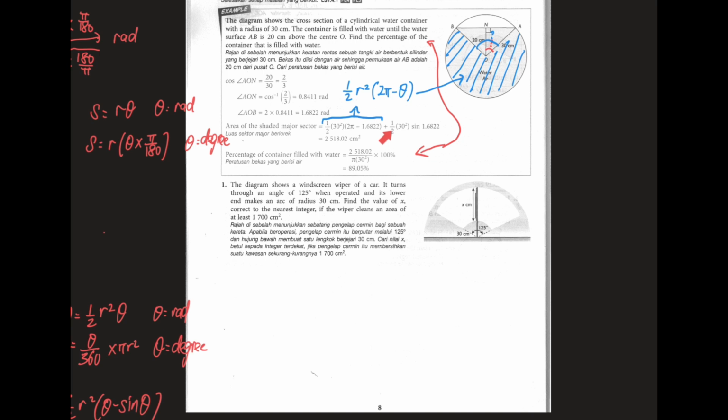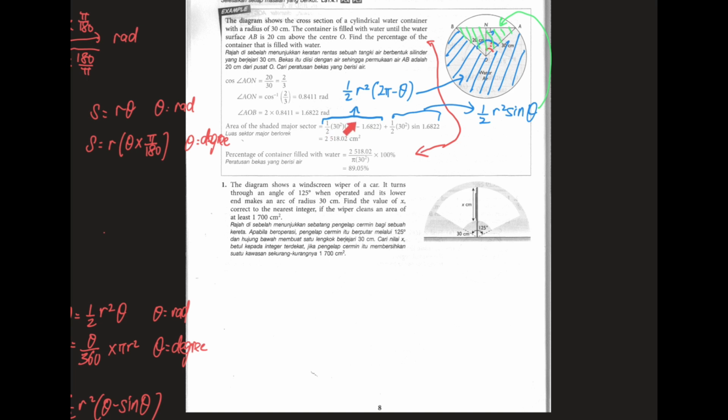The area of the triangle is 1 over 2 r squared sine theta, which we discussed just now. They are using that formula with radius 30 squared and sine 1.6822, where they get this green region.